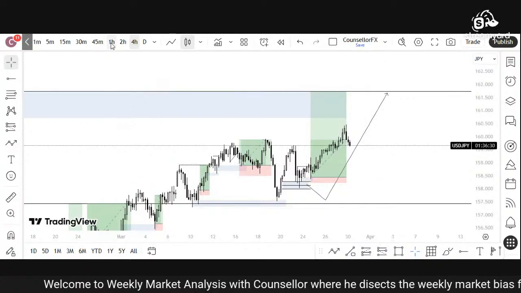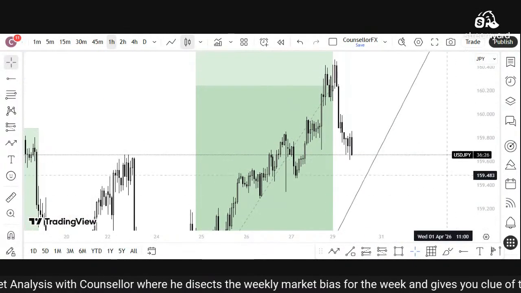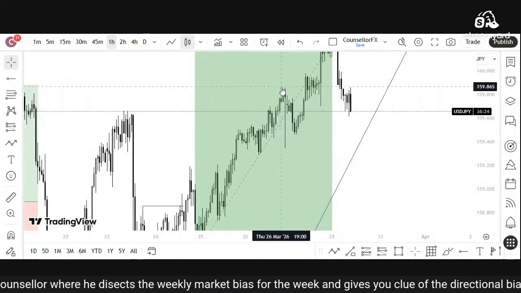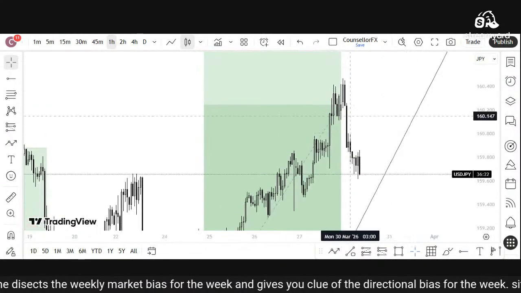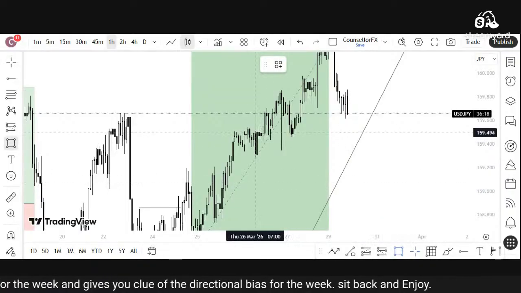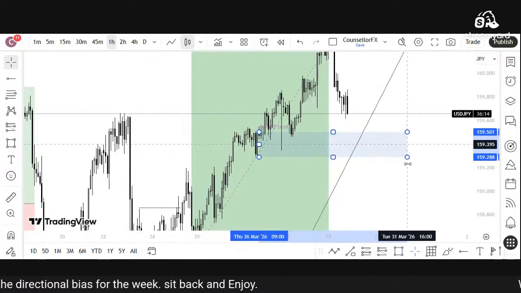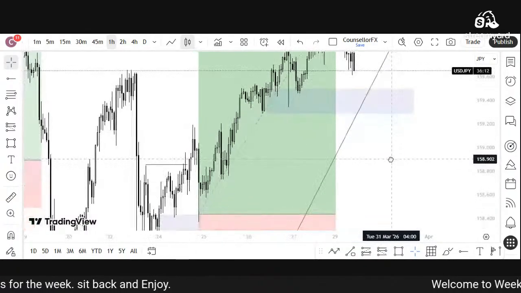So the other thing I'm looking out for on this guy, nothing. This is the break of structure. If he's coming back to continue buying, it should be from this region. But I don't like re-entries.